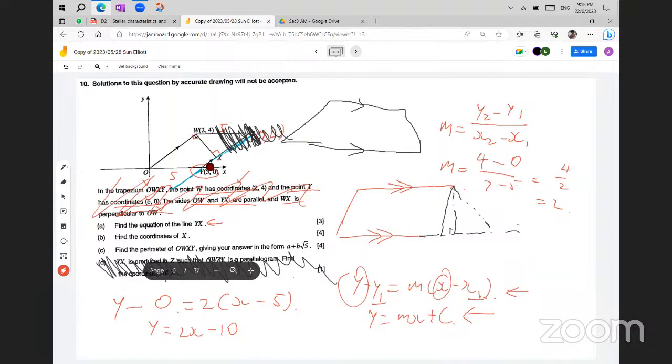Any combination is fine, correct? So, do we have 2 points or do we have 1 point and a gradient? If we don't have both, then at least tell me what we have. Have 1 point. Okay, that's nice. So either another point or another gradient, right?